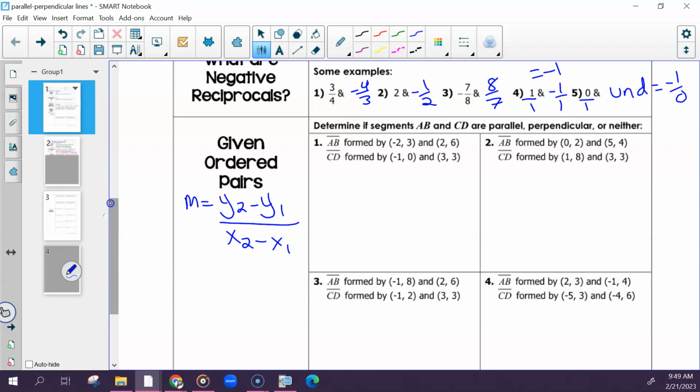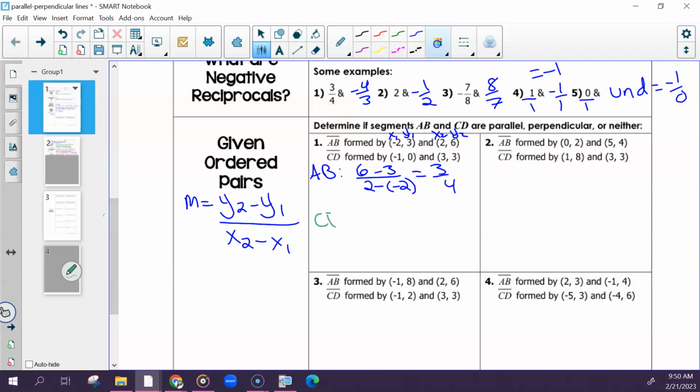So we need to find the slope of AB and the slope of CD, and see are they parallel, perpendicular, or neither. If you want to label them, you can. So AB would be 6 minus 3 over 2 minus -2. What would that slope be? 3/4.